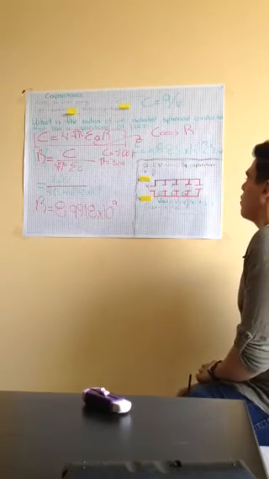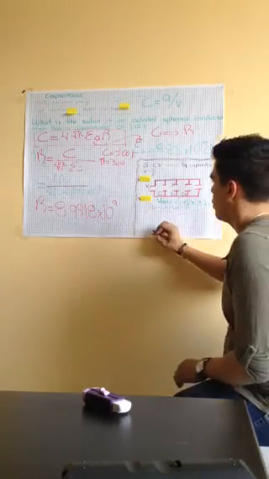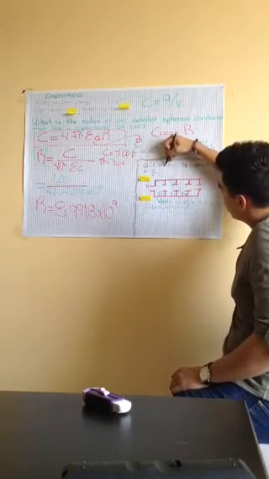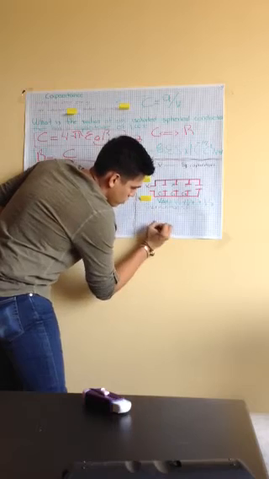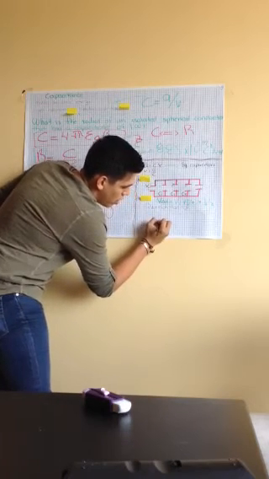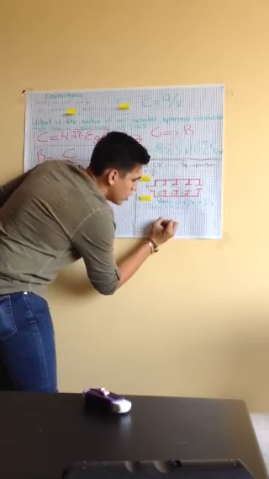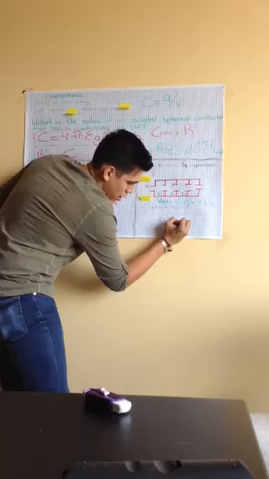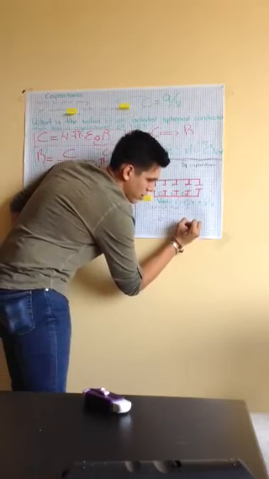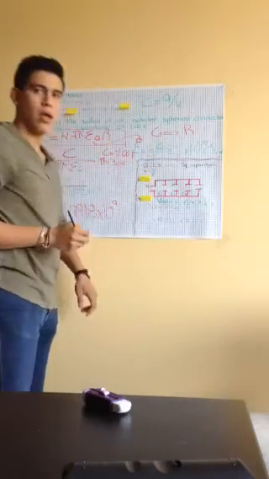We remember that the charge Q equals this. So we can deduce right now that this equals the capacitor in voltage 1 plus the capacitor in voltage 2 plus the capacitor in voltage 3.